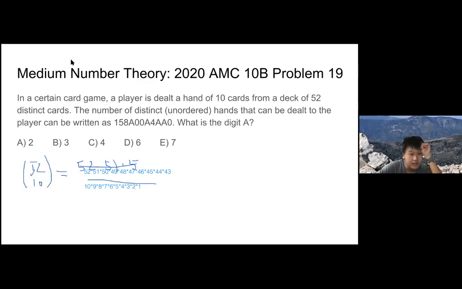And so let's consider the factors of 2 in this number. In the numerator, I'm writing the largest power of 2 that divides each number. Sorry, 16 divides 48. So if you divide through, you get that the number is divisible by 16.